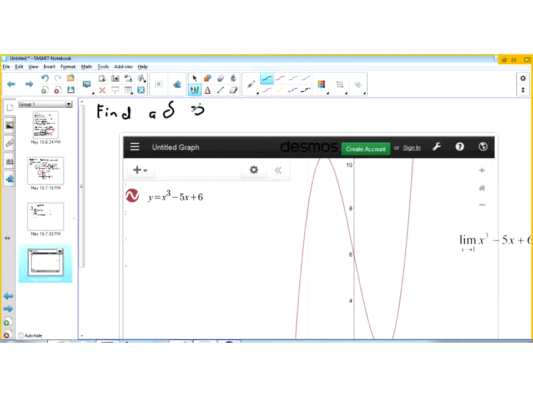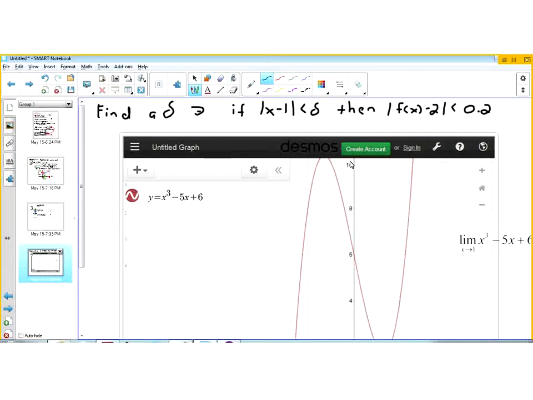Find a delta such that, if I'm delta units away from x equals 1, then I'll be 0.2 units from the output of 2.